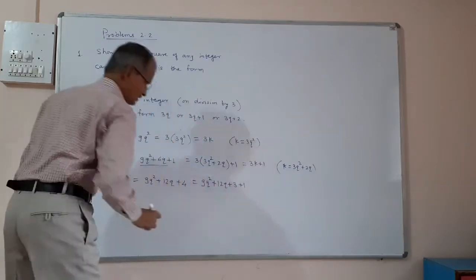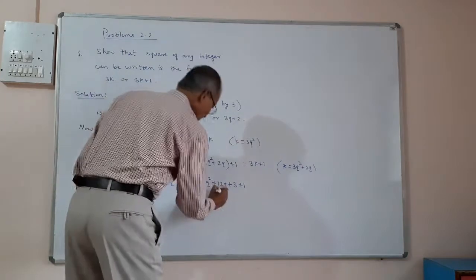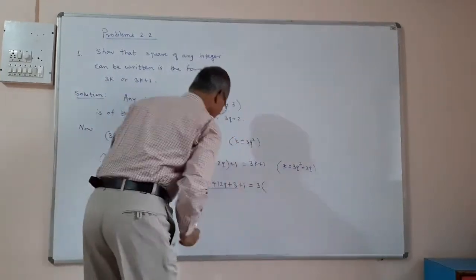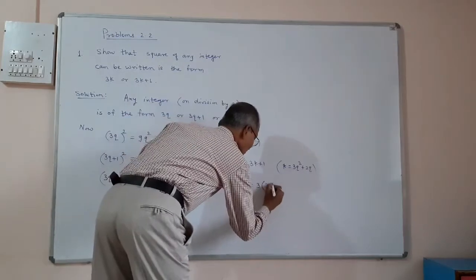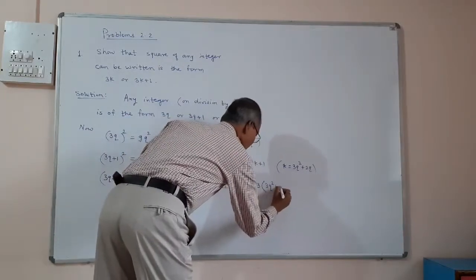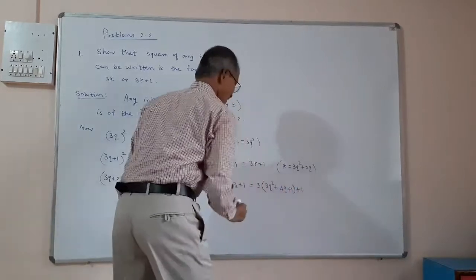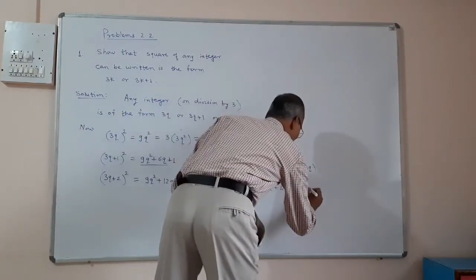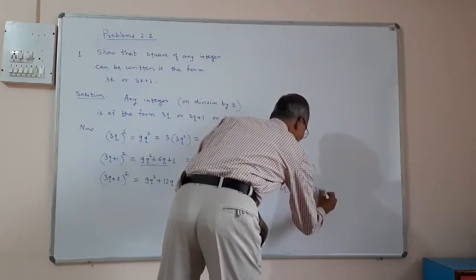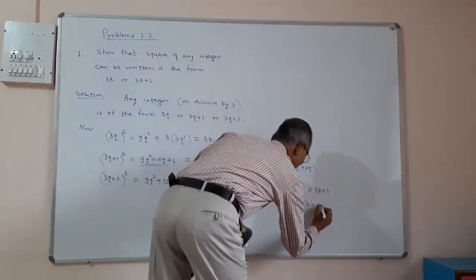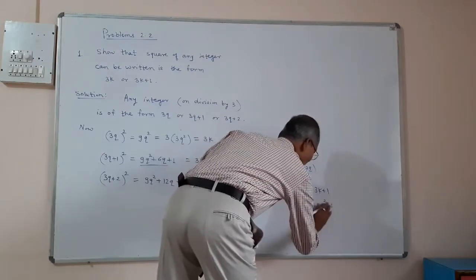We split 4 as 3 plus 1. And now from these take 3 common. So this is 3 times 3q square plus 4q plus 1, plus 1. Or again, this is of the same form, 3k plus 1, where k is this bracket, 3q square plus 4q plus 1.